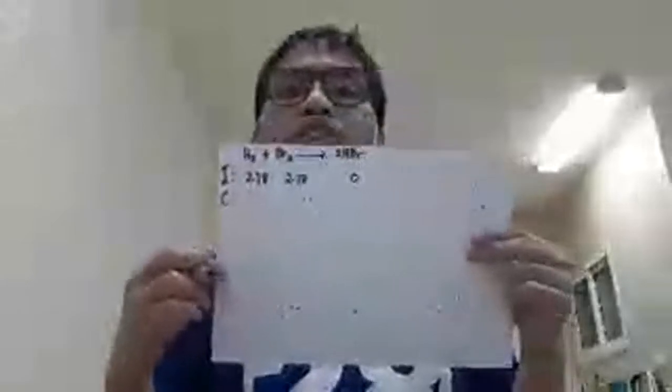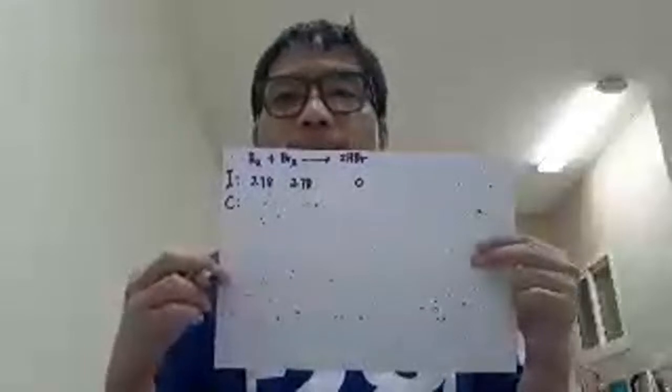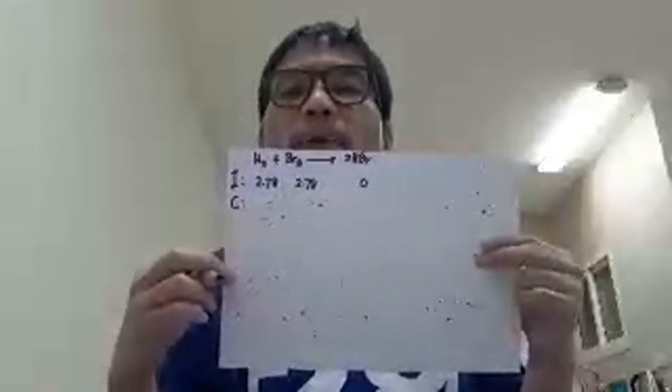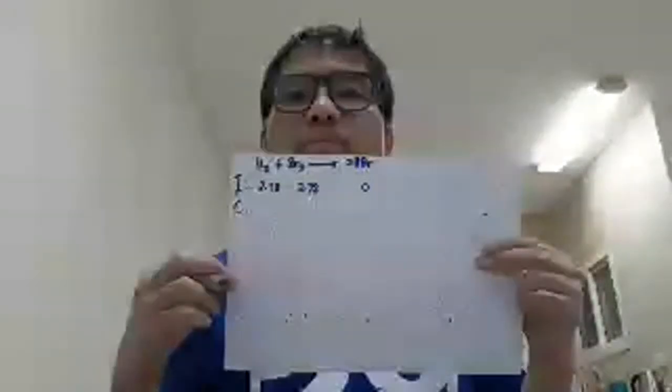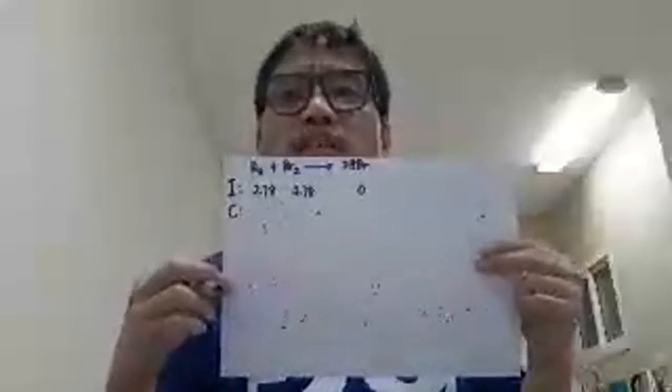Since H2 and Br2 will give the molar concentration to HBr, then it will be minus or negative X, because we let X as the molar concentration during the changes.